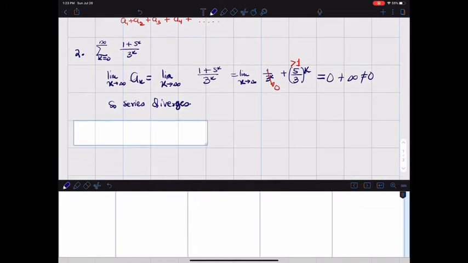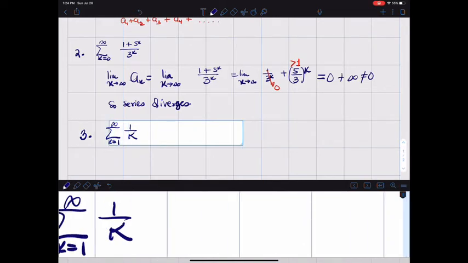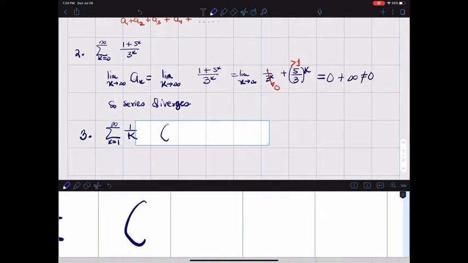All right, so I'm going to introduce a series. This series, summation k from 1 to infinity of 1 over k, is a special series called the harmonic series.